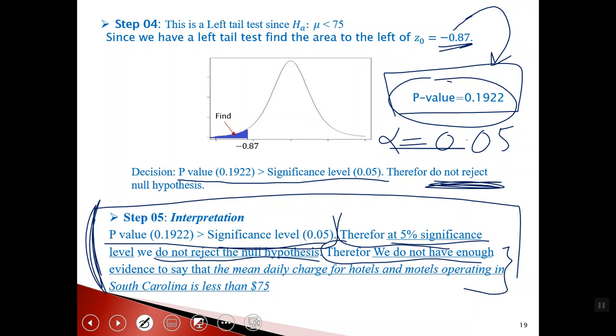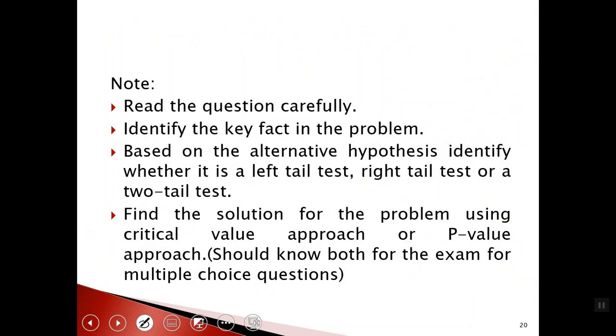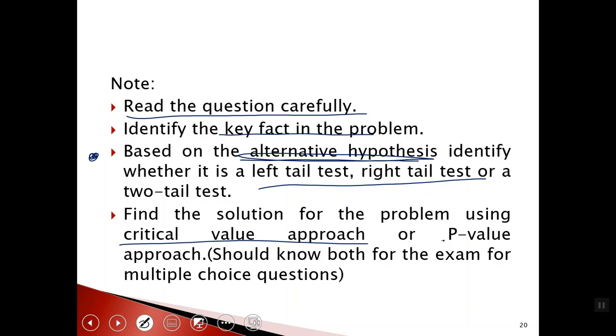Last notes, you should remember this. You have to read the question very carefully and identify the key facts in the problem. Based on the alternative hypothesis, you have to identify whether this is a left tail, right tail, or two tail test. Then find a solution using the critical value approach or p-value approach.